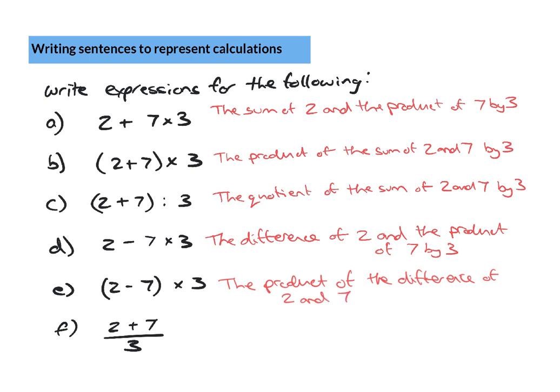So the product of the difference, the difference being the bracket here, 2 and 7, by 3. So the product of the difference of 2 and 7 by 3.